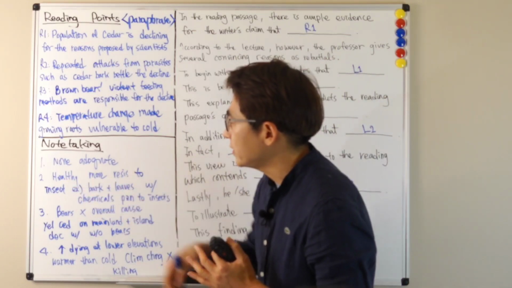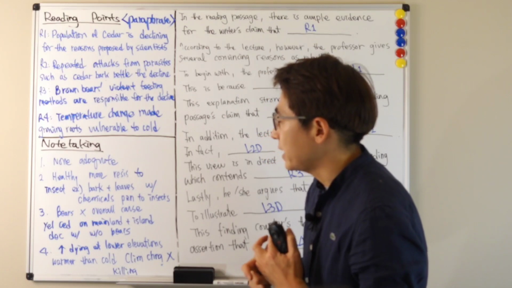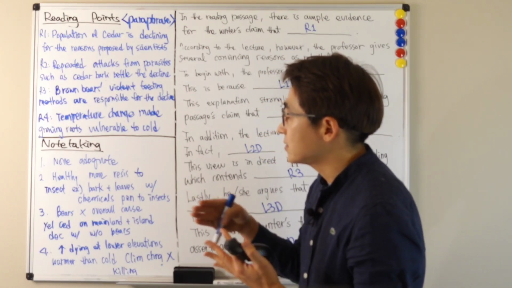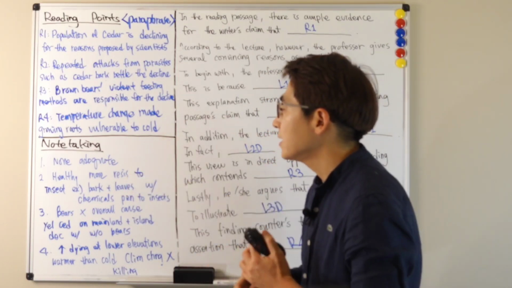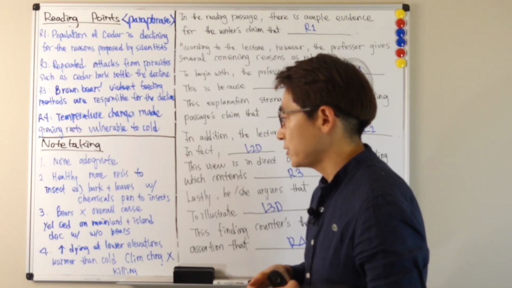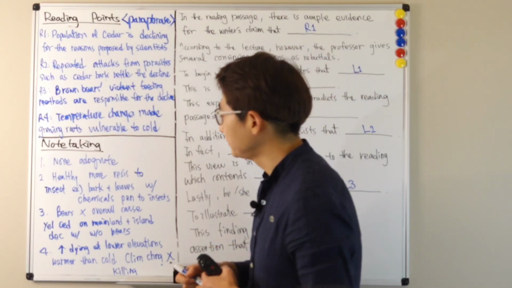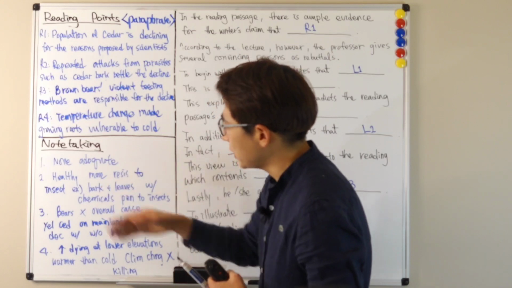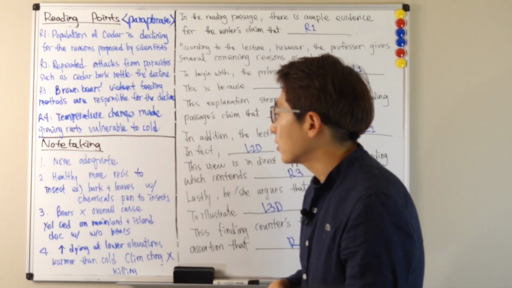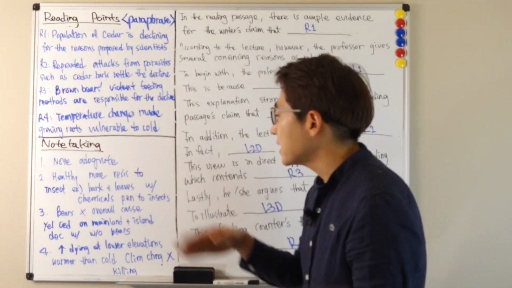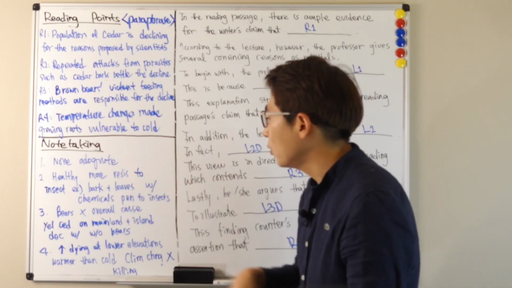The first point the professor was trying to make was when cedar trees are healthy, they are more resistant to insect infestation. For example, the cedar barks and leaves are saturated with chemicals, poison.